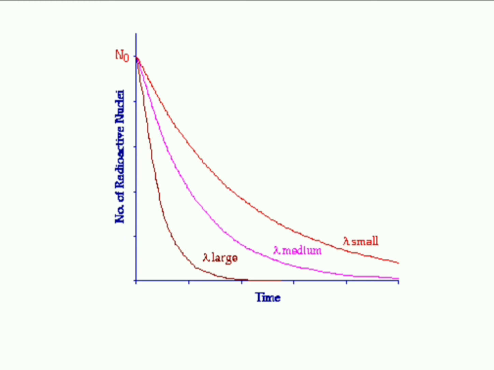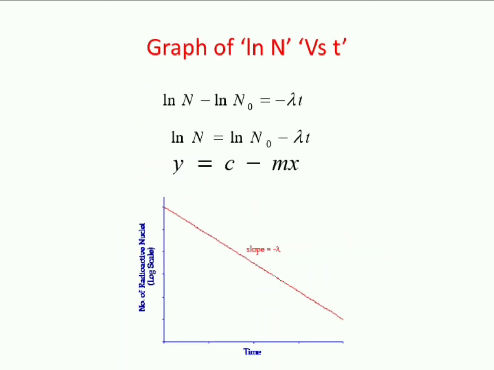Now look at one more graph. Okay, this is a graph plotted between log N versus t. Just now we have written that log N minus log N naught is minus lambda into t. So if you write log N, it will be log N naught minus lambda t. Log N is taken on the y-axis, time on the x-axis.